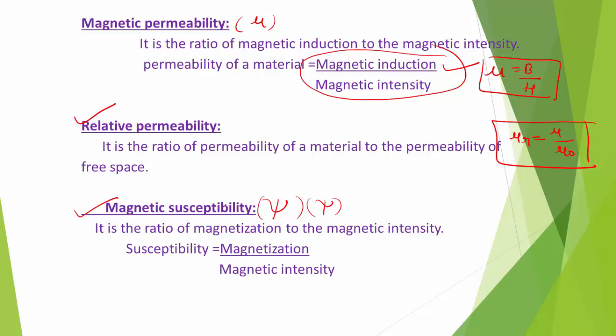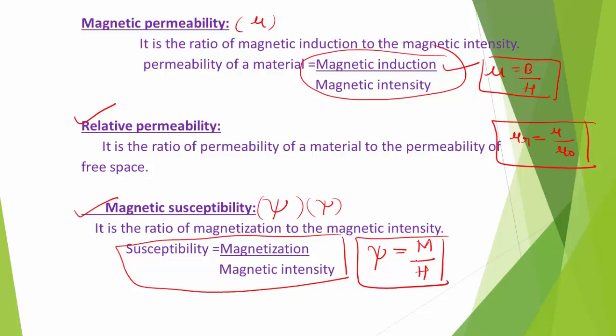Magnetic susceptibility means the ratio of magnetization to the magnetic intensity. Magnetic susceptibility psi is equal to magnetization M divided by H, the magnetic intensity. Here psi is equal to M divided by H.